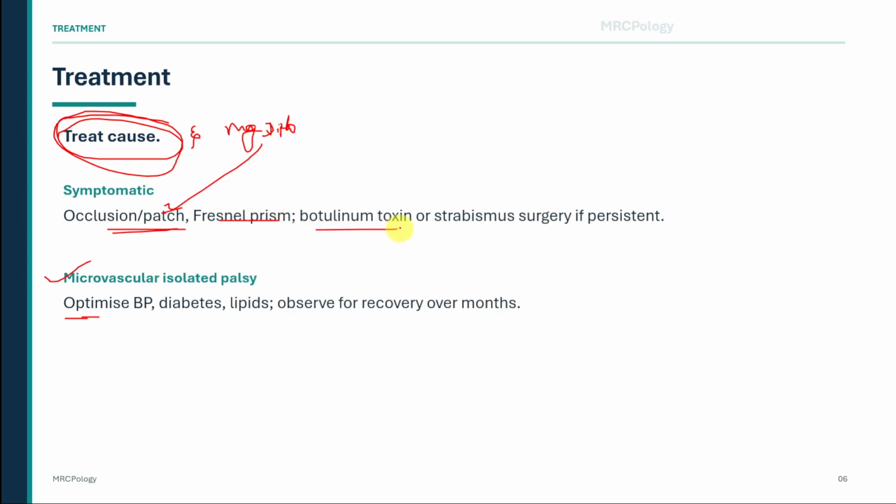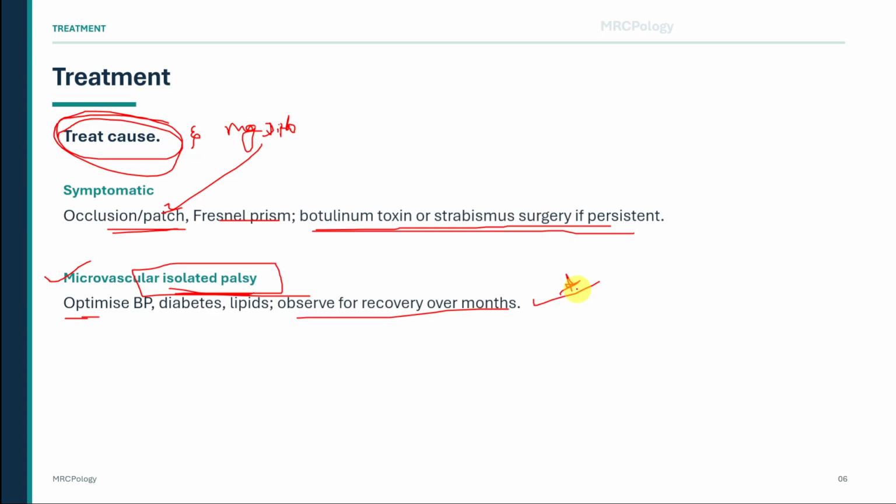Botulinum toxin or strabismus surgery may be considered if the palsy persists. For an isolated presumed microvascular sixth nerve palsy, optimize blood pressure, diabetes, and lipids, and observe for recovery over months. MRCP trap: do not label it microvascular if there are red flags, other cranial nerves involved, papilloedema, severe pain, progression, recurrence, bilateral involvement, or failure to improve.